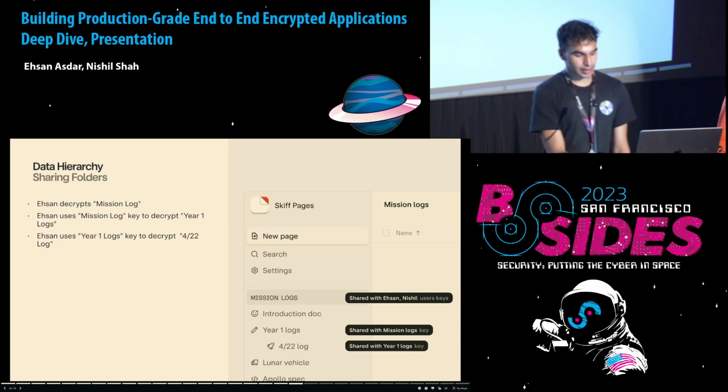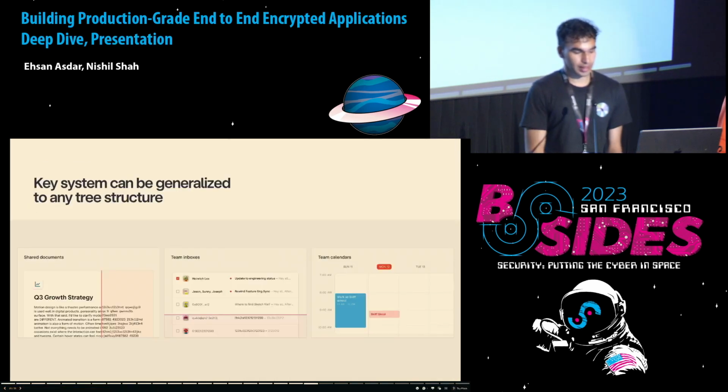And indeed, this key system that we're describing can be generalized to any tree where you have one root node that you are shared on and then want to decrypt any of the sub-elements of that node. So we just described a case of shared documents. At Skiff, we are also investigating using a similar approach for several other product features.